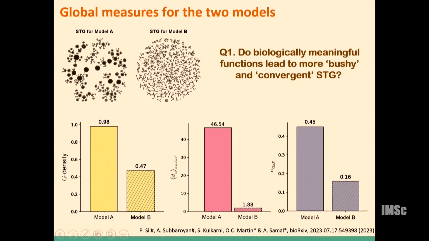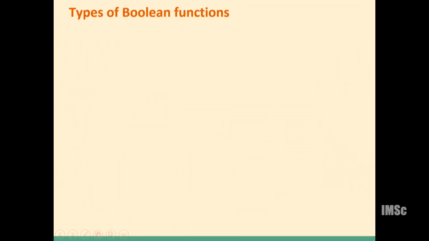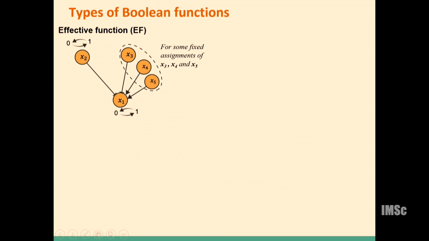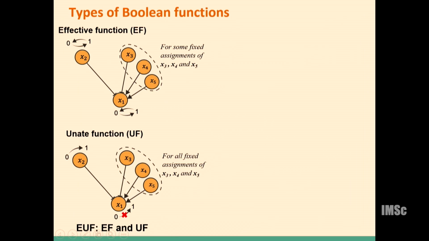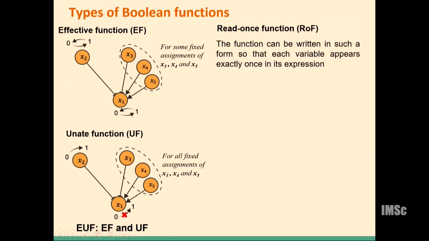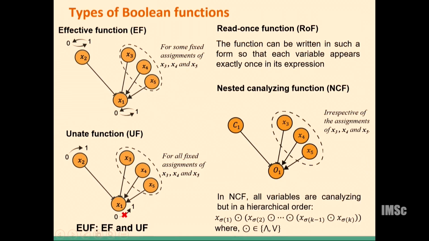The main question we ask is: do biologically meaningful functions lead to a more bushy and convergent STG? Because in recently reconstructed Boolean modeling network datasets, it has been shown that some classes of functions are more preponderant than they theoretically should be. There are different types of Boolean functions: effective functions, effective and unit functions, read-once functions, nested canalizing functions.